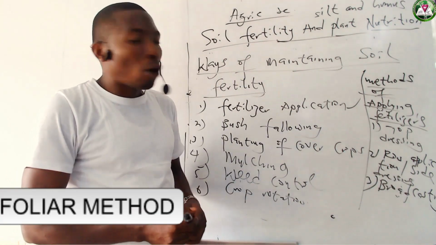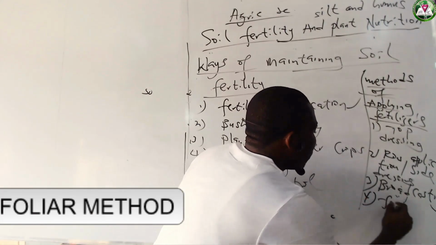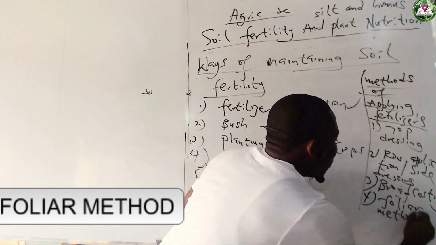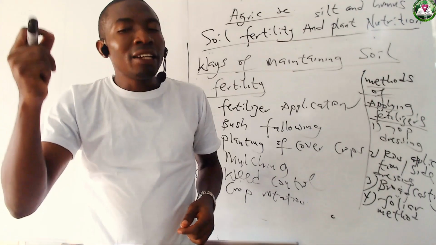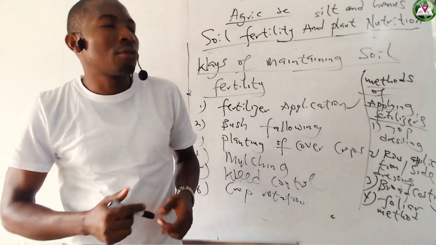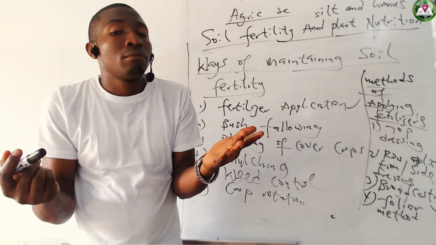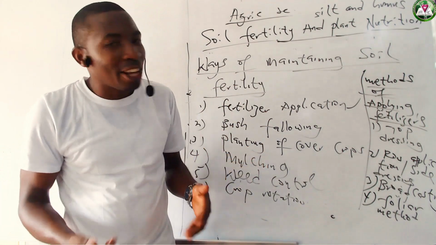We have another one called the foliar method of fertilizer application. In agriculture, foliar means leaves. And those fertilizers are always in liquid form. It is quite unfortunate that most farmers are ignorant of this.